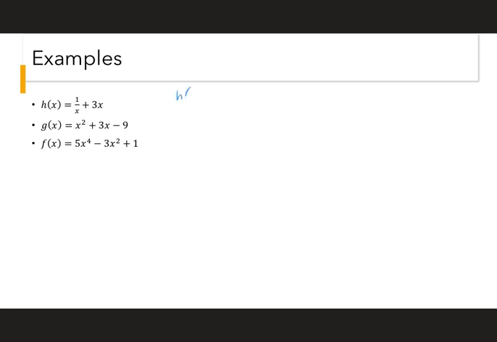All right, let's look at h of x. We're going to plug in negative x. So I get 1 over negative x plus 3 times negative x. That negative sign can come out front, so this is negative 1 over x minus 3x.